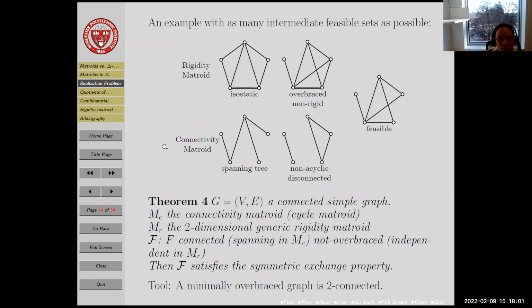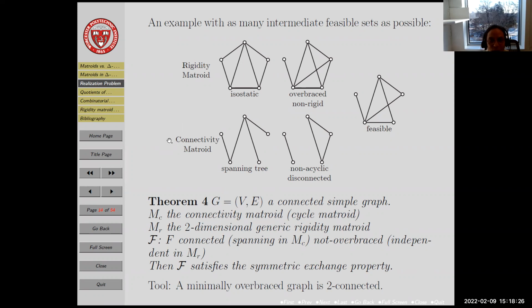And so one example that is, of course, dear to my heart is the rigidity matroid for a graph on n vertices and however many edges. I want to say that I know the rigidity matroid, and the driving example for the definition of matroids was the connectivity matroid.